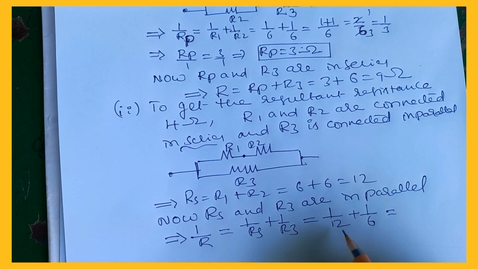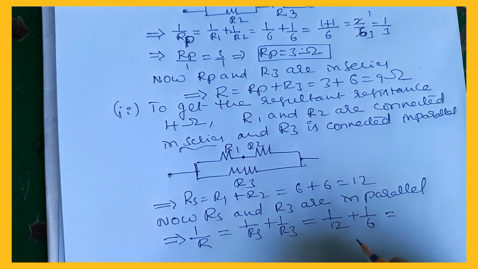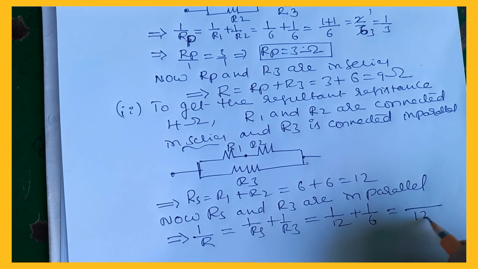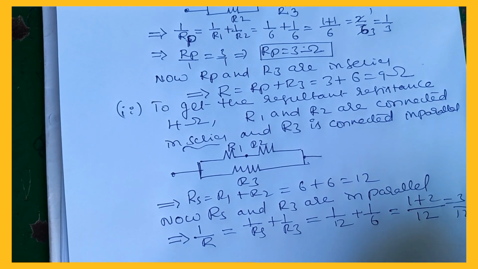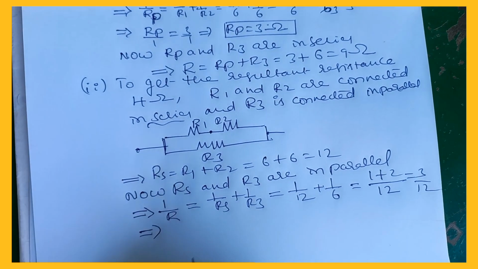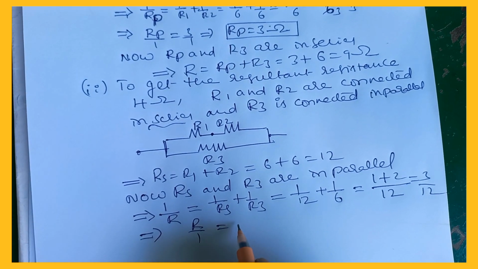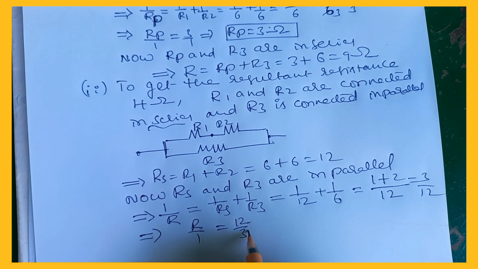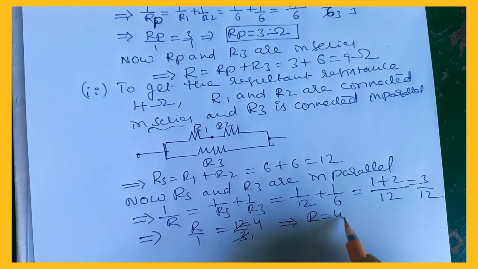LCM is 12, that is 1 plus 2, that is 3 by 12. Taking the reciprocal, R by 1 is 12 by 3, that is 4. So R is equal to 4 ohms.